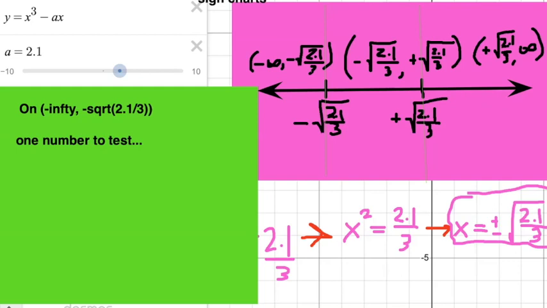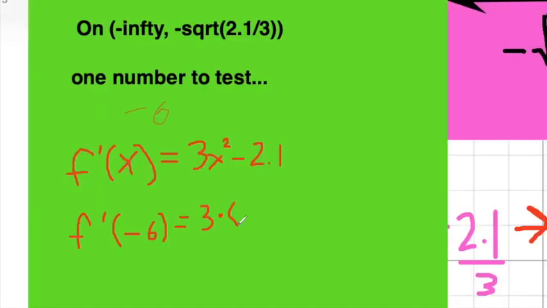I'm going to take my derivative, my f prime of x. Remember, we found it a second ago was 3x squared minus 2.1. If I plug in negative 6, I say f prime of negative 6 is equal to 3 times negative 6 squared minus 2.1. And all I care about is, is that number positive, negative, or zero?